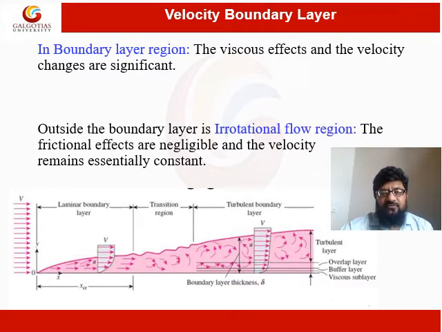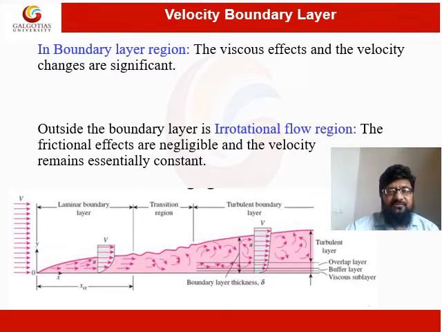Because of viscosity, the velocity gradient exists, and the effect of viscosity can be felt inside the boundary layer. However, outside the boundary layer, the velocity gradient is zero, and thus the shear stress, which can be calculated by mu del u by del y, becomes zero, as del u by del y is zero.